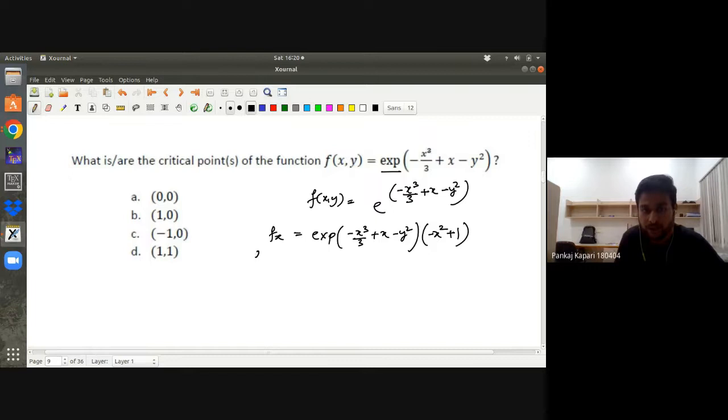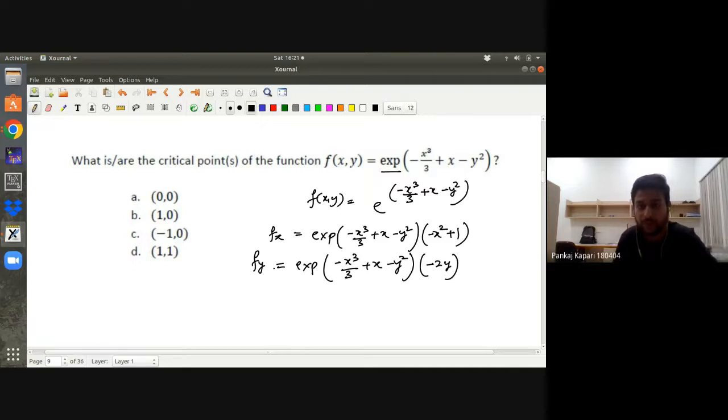What is the partial derivative with respect to y? Again, exp of minus x cube by 3 plus x minus y square into the partial derivative with respect to y, applying the chain rule, we get minus 2y.